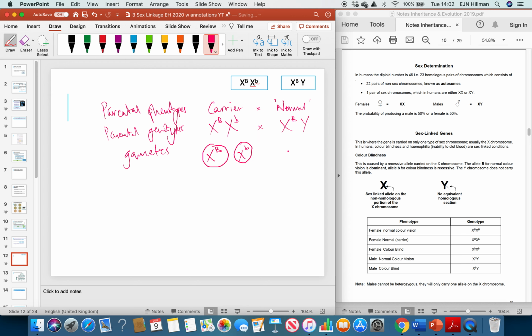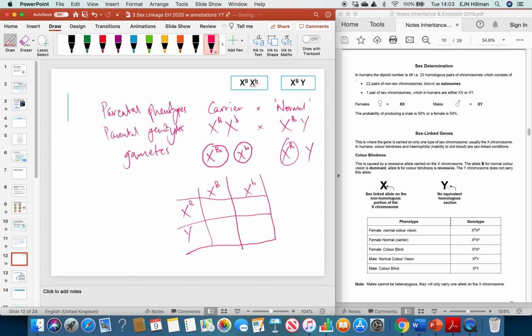If you produce a Punnett square of that, we've got a female with 2 dominant alleles, 1 on each of the X chromosomes.